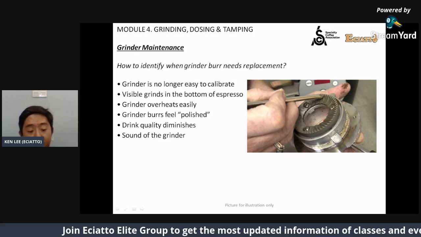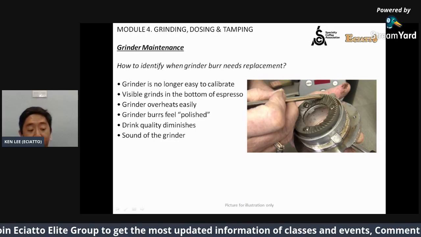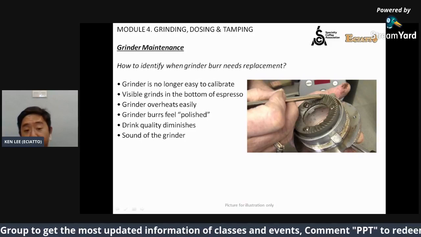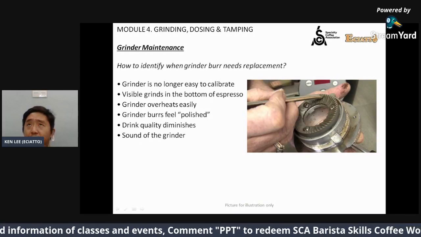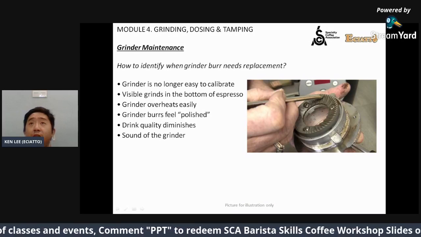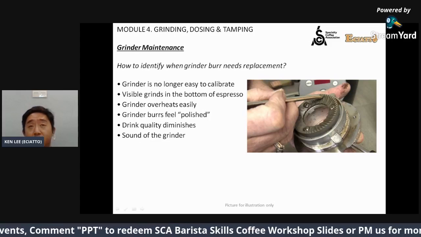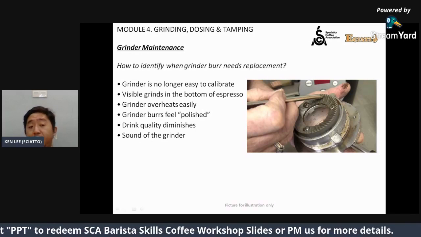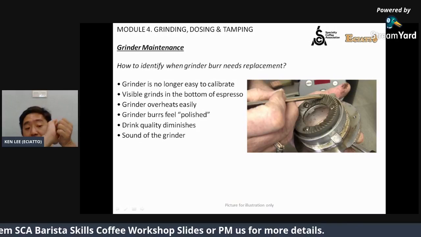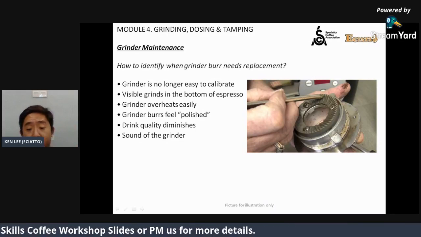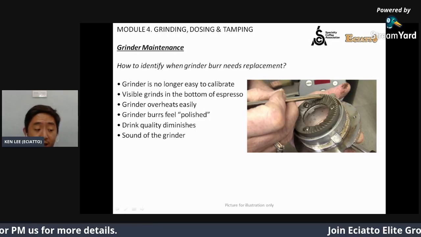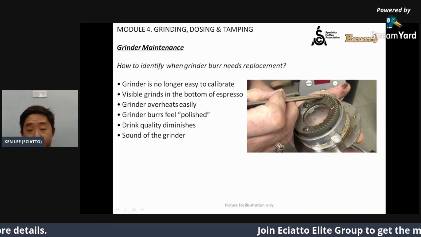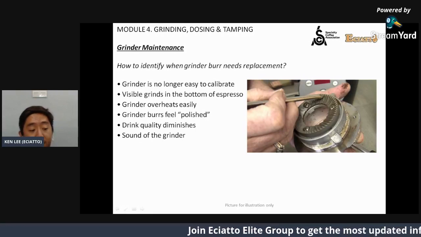Of course, if you hear your grinder making a very loud sound when grinding, the most common cause I've heard is the barista turning the grind to very, very fine so that both blades are grinding against each other. You hear very noisy sounds and your grinder will overheat very fast.